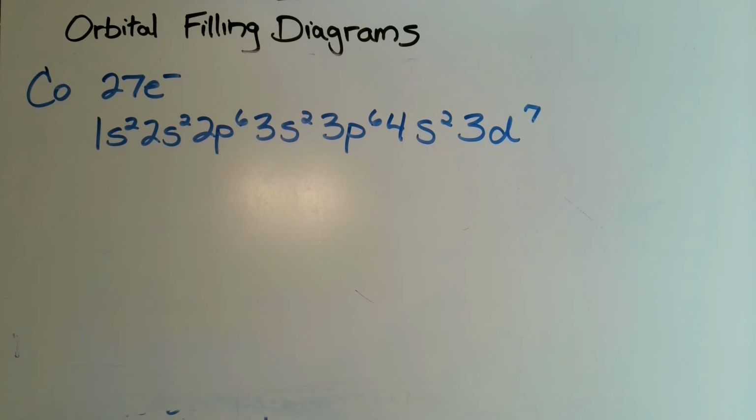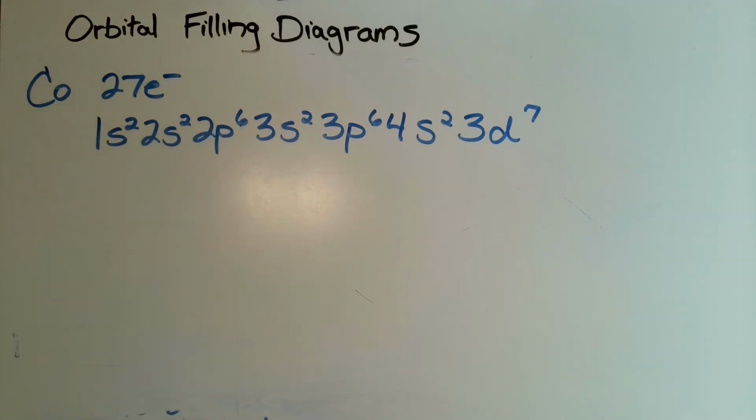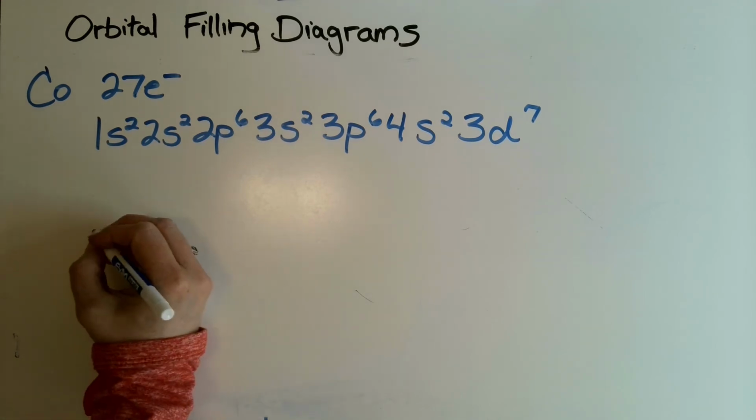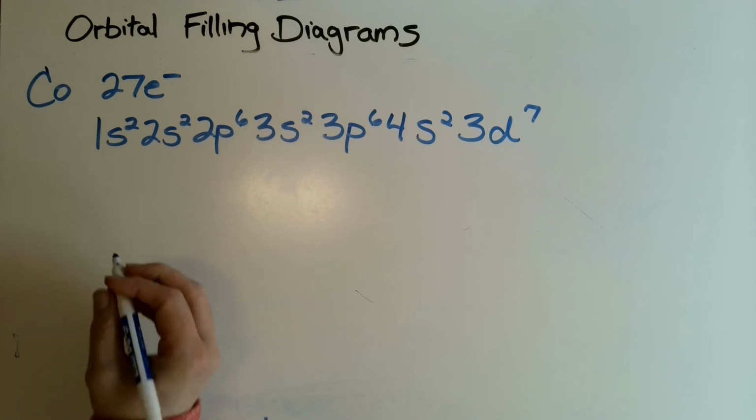Now you don't have to write out the electron configuration every time you do orbital filling because you're essentially writing it out underneath, showing these superscripts as the arrows going up and down. So you could just go right into the orbital filling, but I'm writing out the electron configuration first.